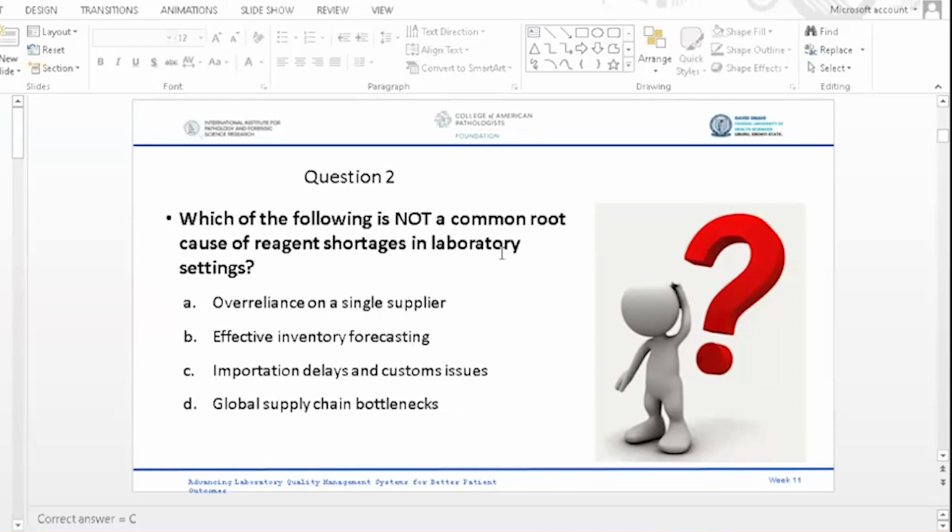Which of the following is not a common root cause of reagent shortages in laboratory settings? A, over-reliance on a single supplier. B, effective inventory forecasting. C, importation delays and customs issues. D, global supply chain bottlenecks.